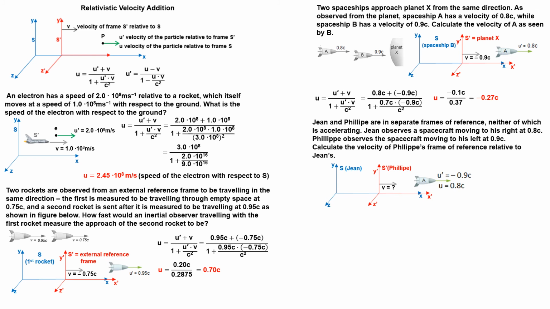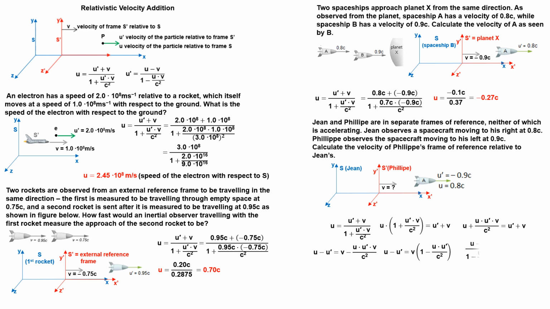We now draw a picture of the situation. Philip is moving relative to Jean with speed v, so we can solve this equation for v. We can now simply substitute the values into the Lorentz velocity transformation.